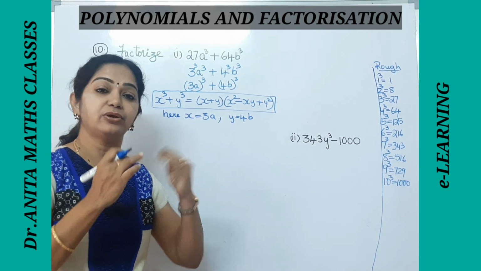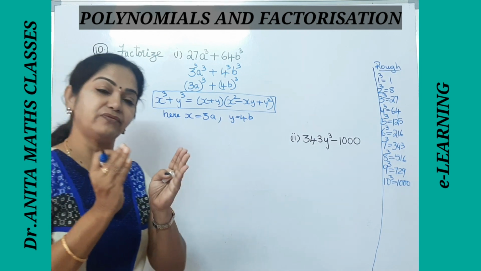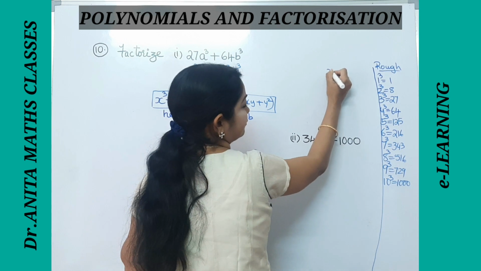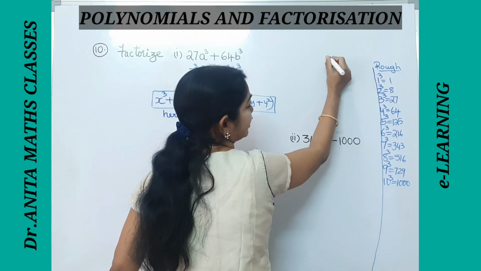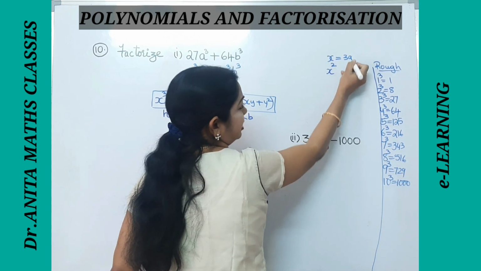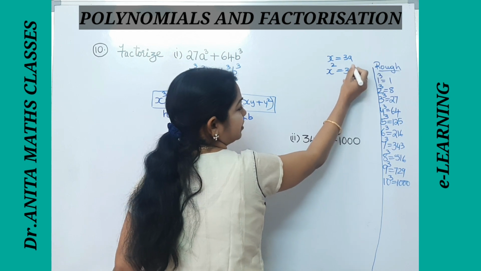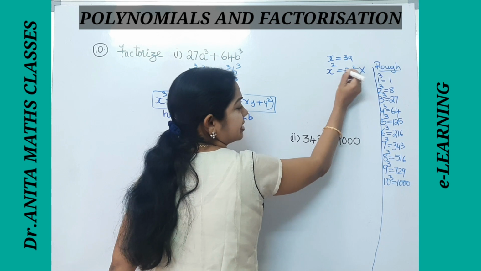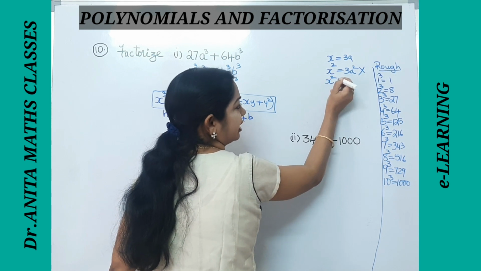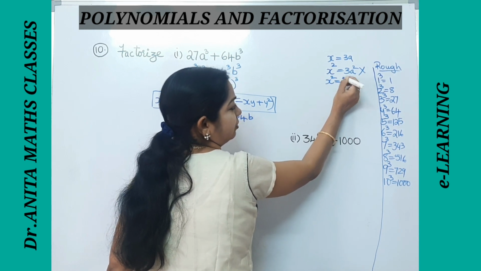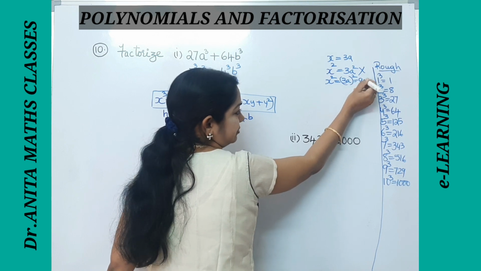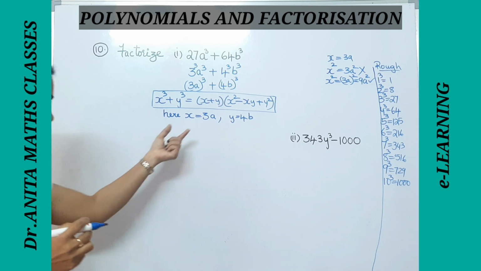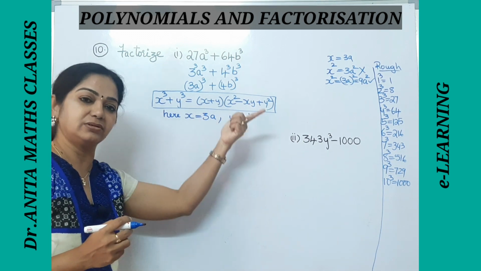So if you want to square x, you have to square both terms. If x is 3a, writing x square as 3a square is completely wrong. Because x has two terms, x square is 3a whole square, that is 9a square if you open the bracket. Likewise, if x has two terms, you have to cube both terms.